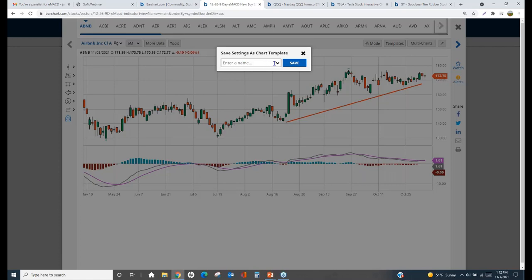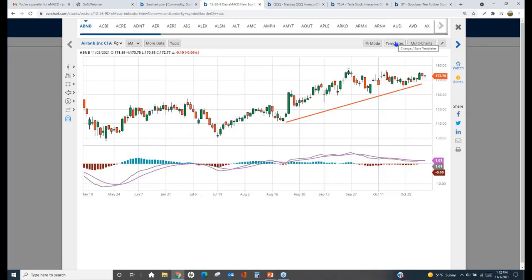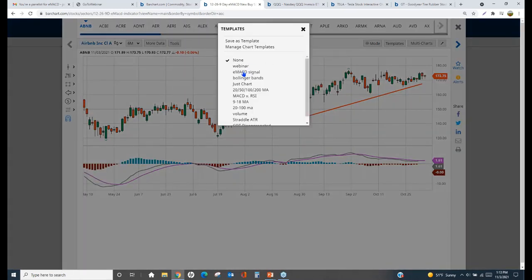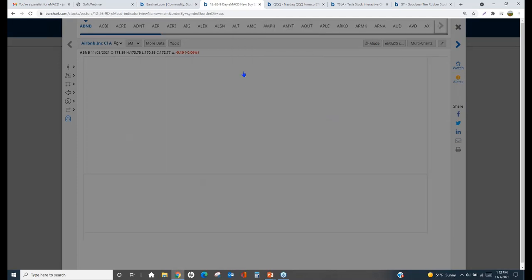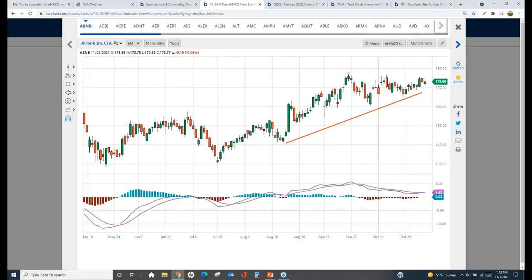In this case, we added the MACD. Notice that I already have created a template called the E signal, MACD signal. So the next time I come back to my flip charts, or any time I use templates, I can just open that up and turn on my MACD signal.